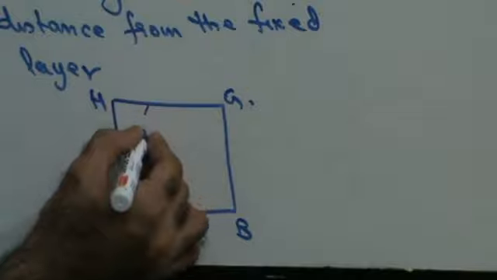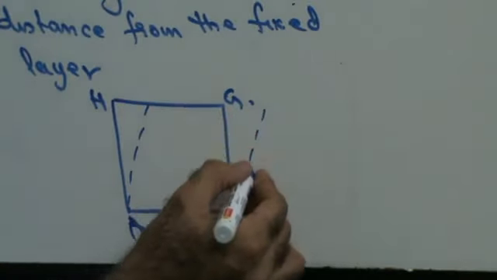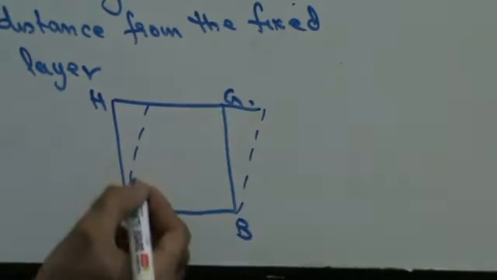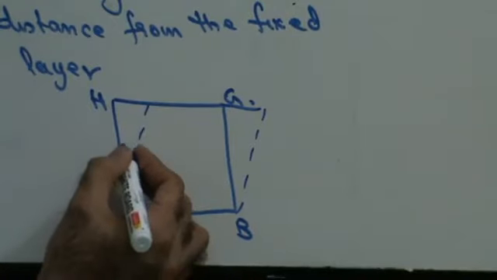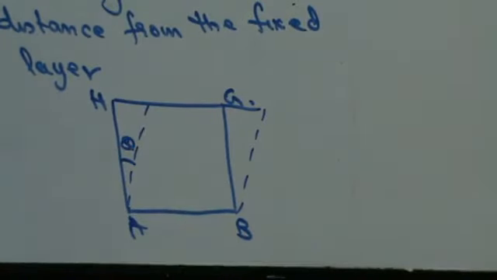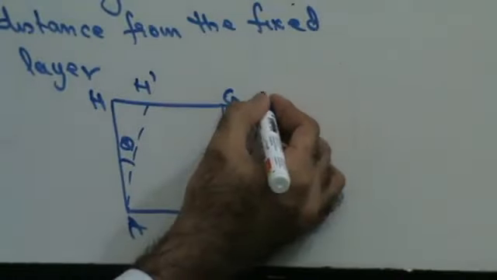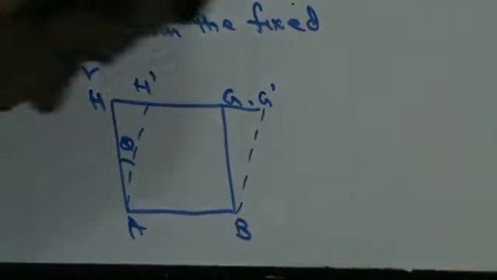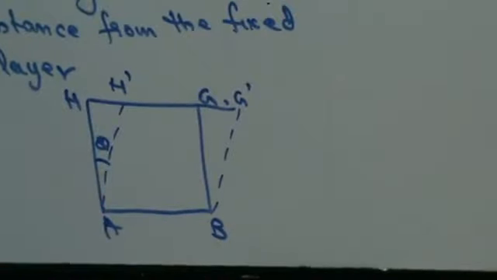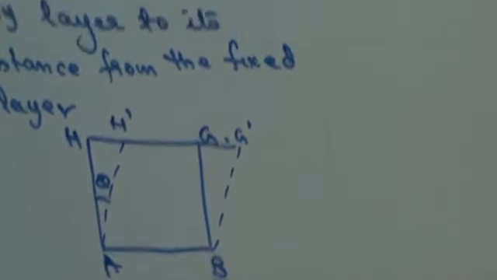In that case, there will be a change in shape. The body is going to change shape by an angle of theta. The upper layer is going to get displaced by an angle of theta. Let's assume that it gets displaced to H bar and G bar. Right? In that case, what is shearing strain?